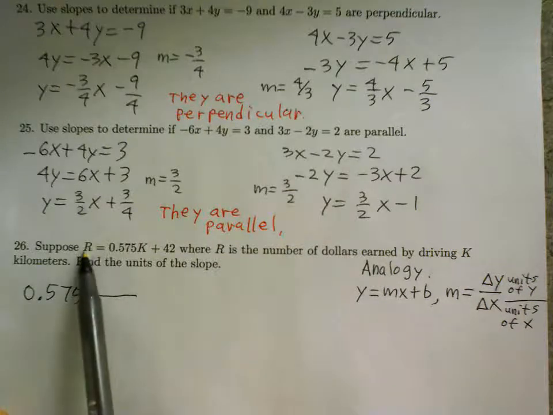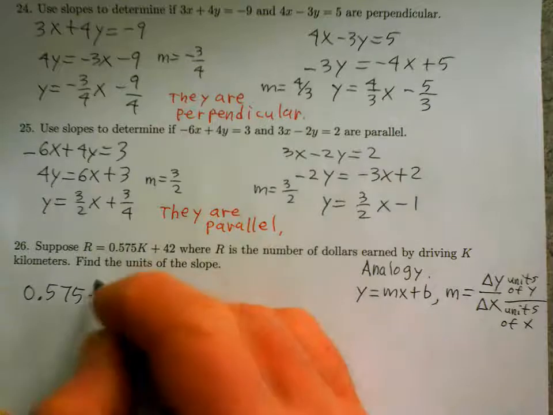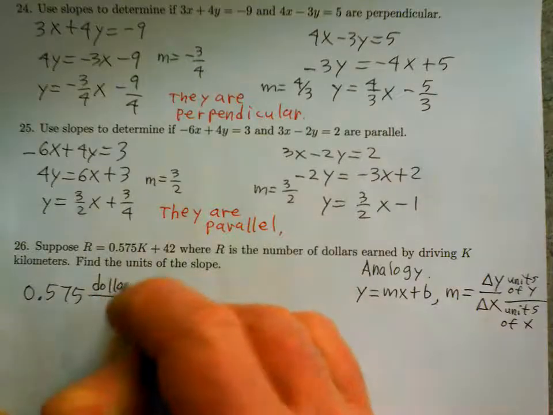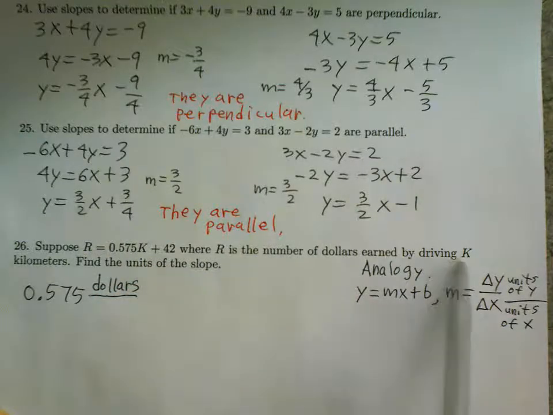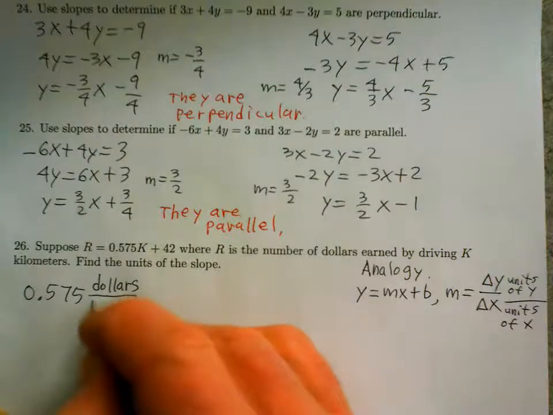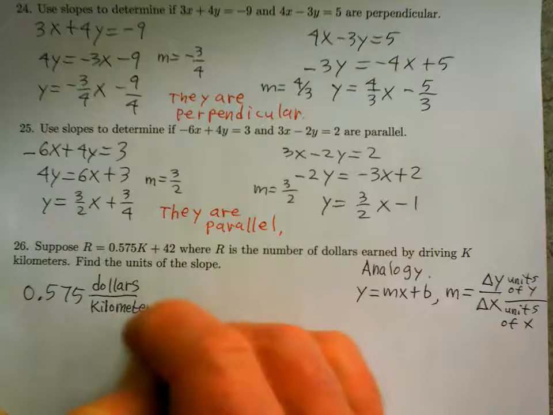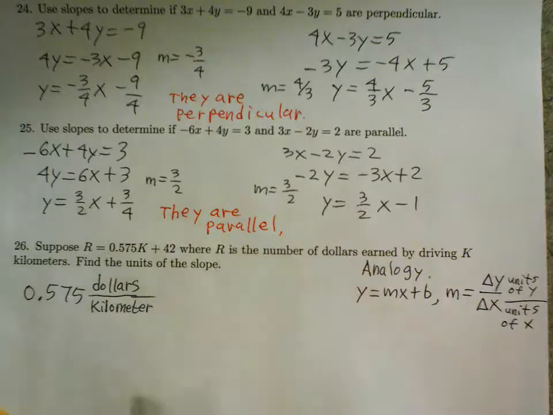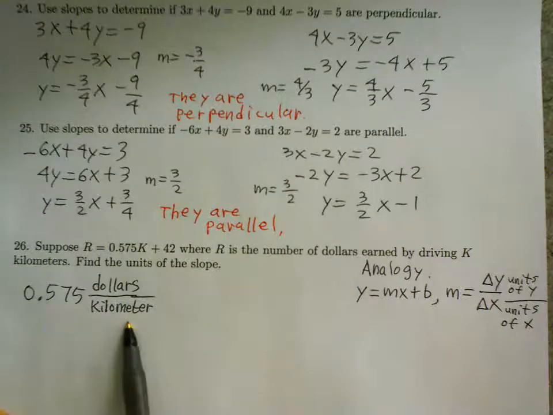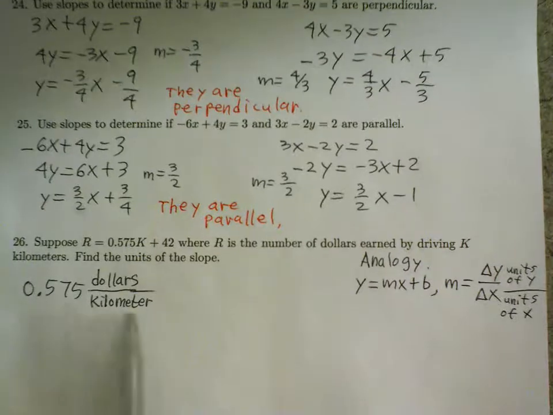See, the units of r are dollars. And the units of k are kilometers. So dollars per kilometer are the units of the slope.